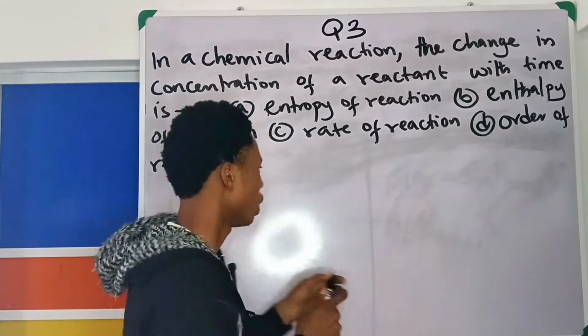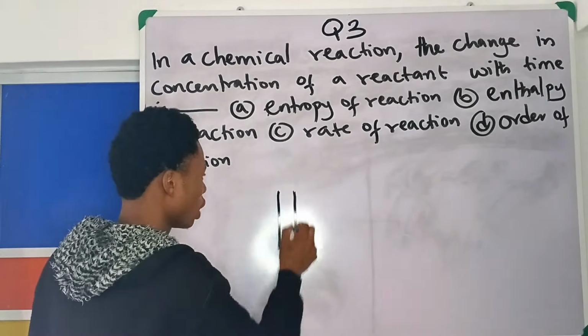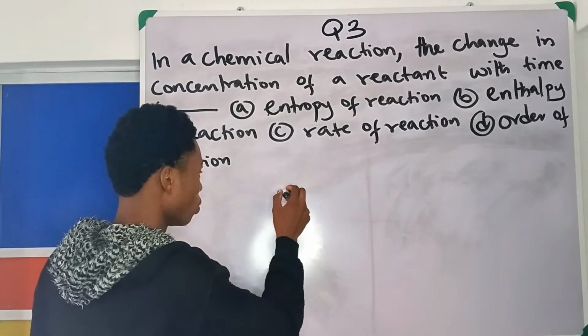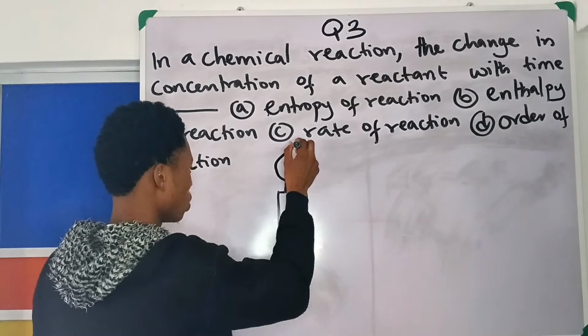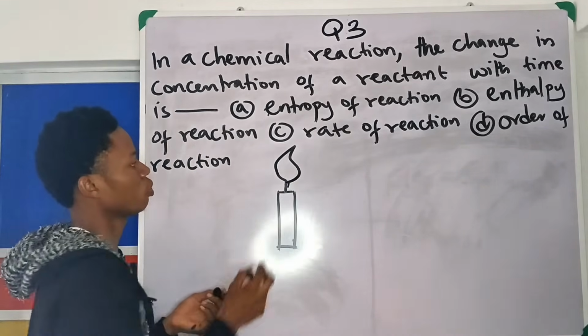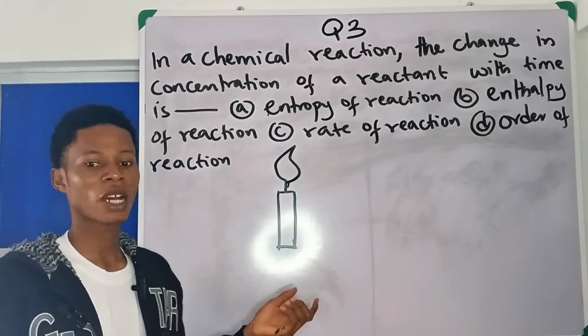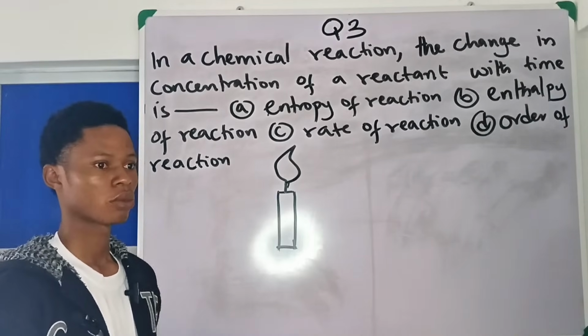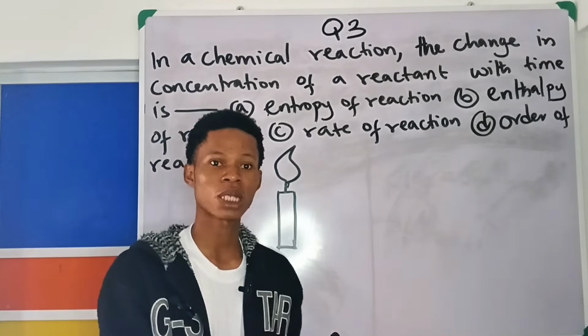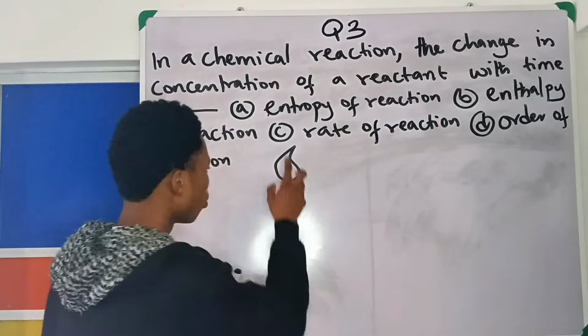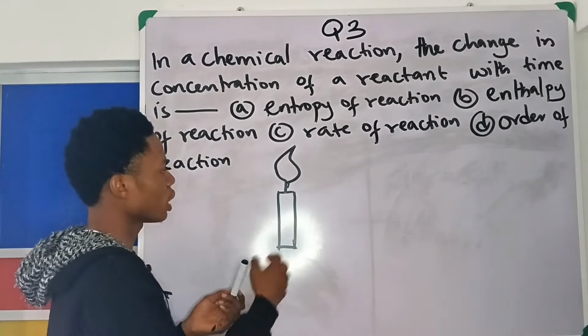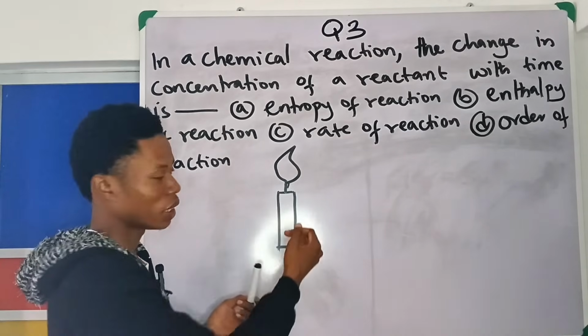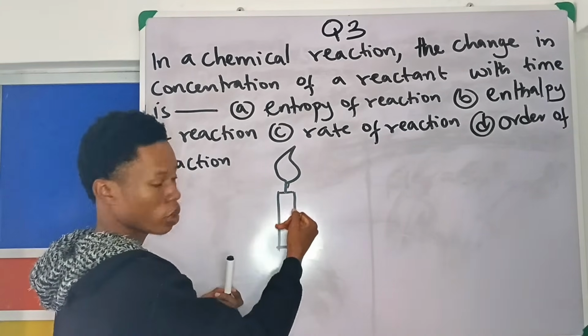Now look at this. Let's say we have a candle. You've seen a candle before, right? In real life, you've seen it, I think. Yes, this is a candle. Now you agree with me, if the candle is our reactant, the reactant is the substance that is undergoing the reaction, and you are burning the candle, you agree with me that as time goes on, the length of the candle will be reducing, right?